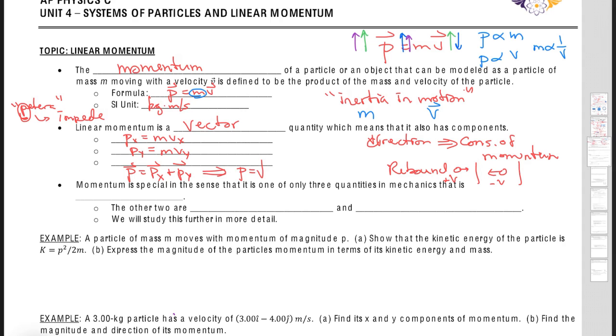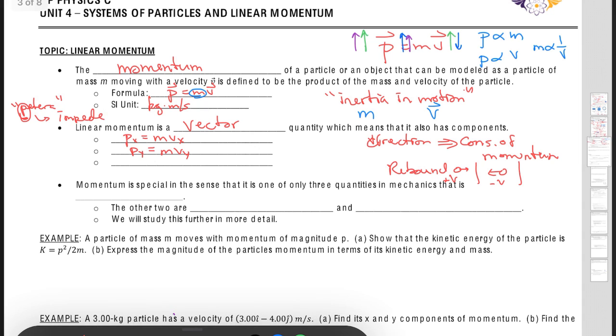Let's write it like this. P can be written in this form as px i hat plus py j hat, that component notation, and these are right angles, so you can do the Pythagorean theorem.